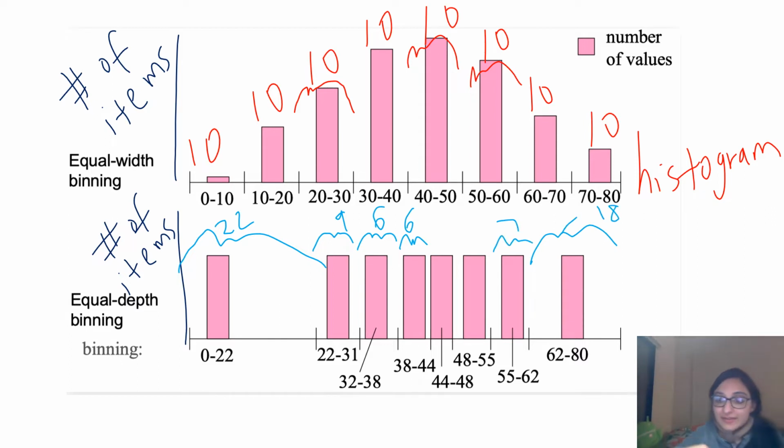It doesn't matter what the width is here. What we care about in equal depth binning is that each bin has the same number of elements.